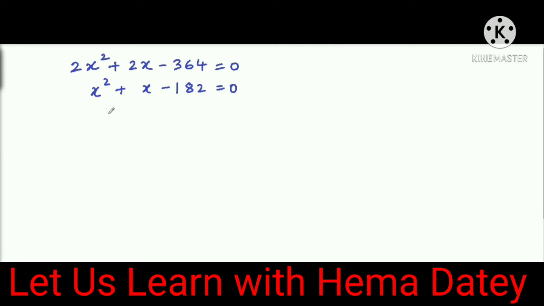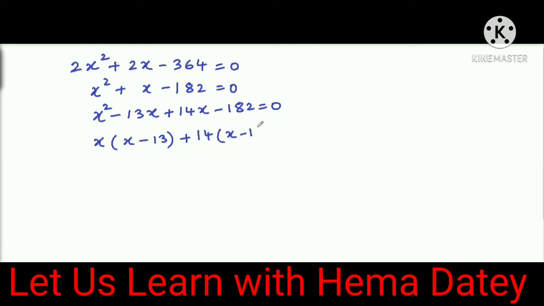We split the middle term of this quadratic equation. We write x square minus 13x plus 14x minus 182 is equal to 0. From first two terms we take x common and we are left with x minus 13 inside the bracket.